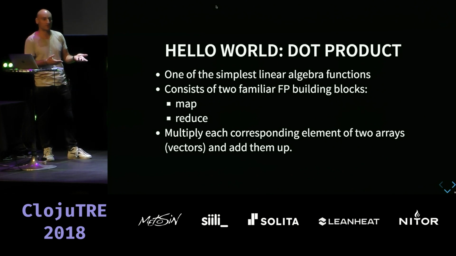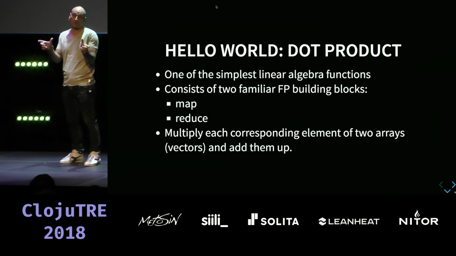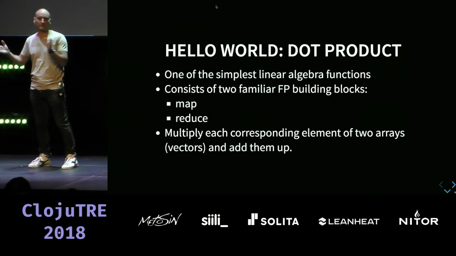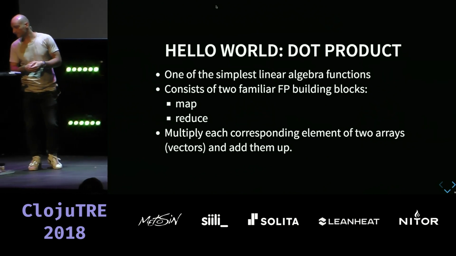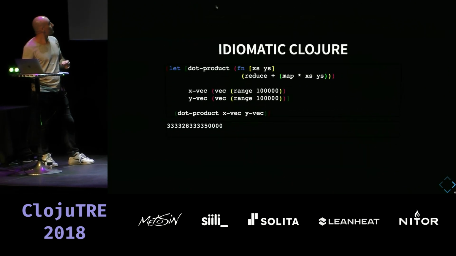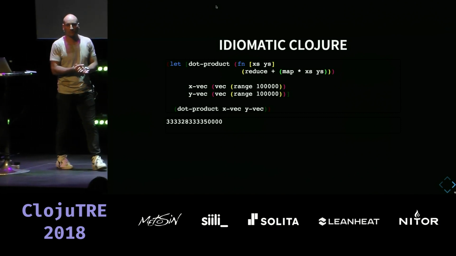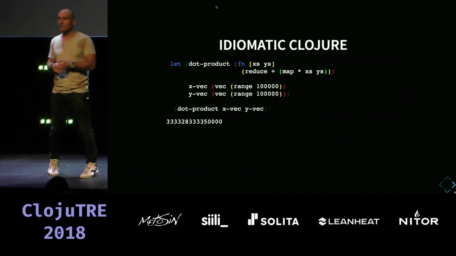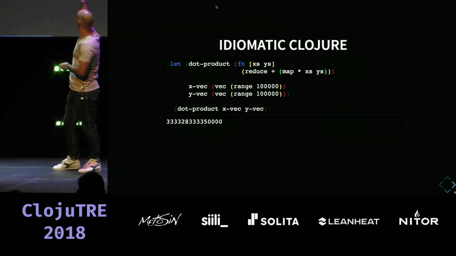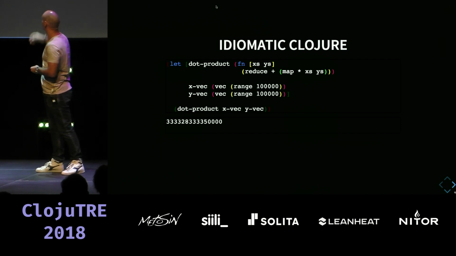These are map and reduce. Actually, we compute the dot product of two vectors or arrays by multiplying each pair of elements and then summing all these products. We get one number as a result. And of course, any Clojure or functional programmer will easily write a one-liner, which is map over x's and y's, and then reduce by plus.